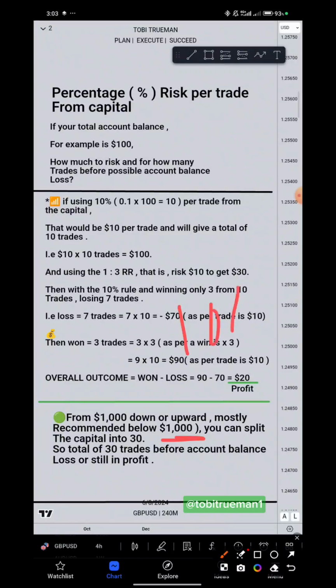When you do the mathematics, divide $1,000 by 30, then you can use the amount you get for each trade, meaning that you will have 30 trades before you can lose your whole $1,000. And if you are following these rules and our strategy, it is unlikely for that to happen.